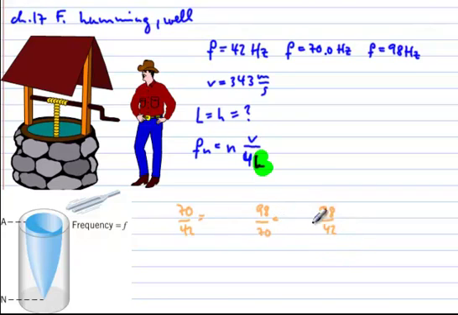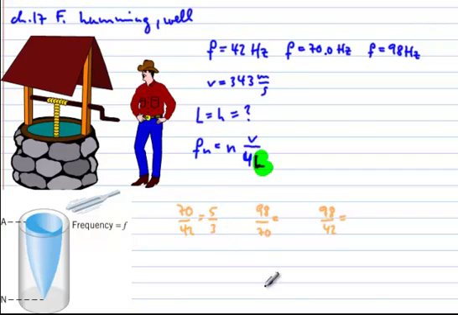When we reduce those, we divide this one by 7, which is 10, and this one by 7, which is 6, so we have 10 over 6, and actually 5 over 3.